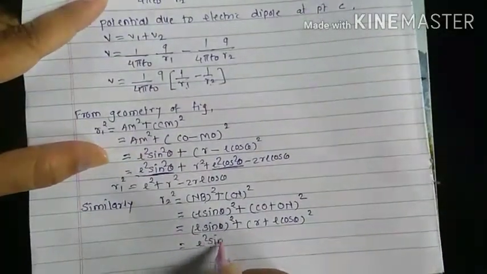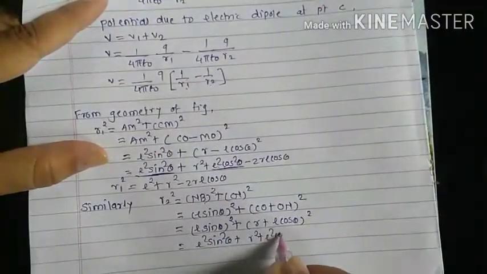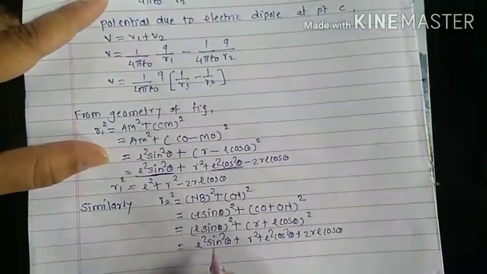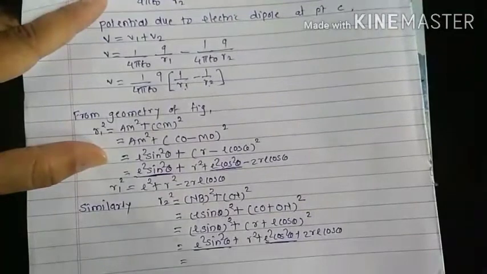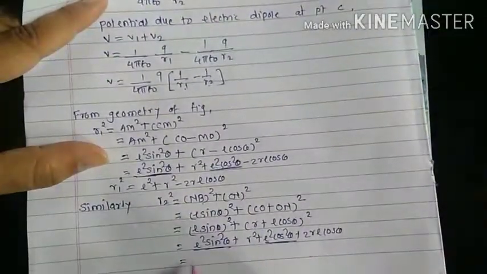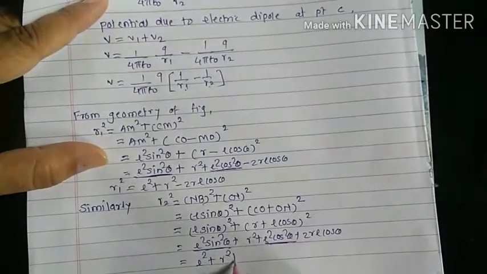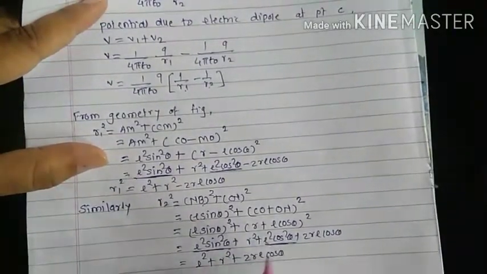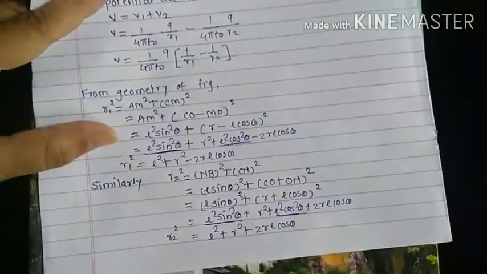L square sin square theta plus R square plus L square cos square theta plus twice RL cos theta. Once again, in this term, L square is common and sin square plus cos square is 1. Therefore, here only L square remains. R square plus twice RL cos theta. This is the value of R2 square.